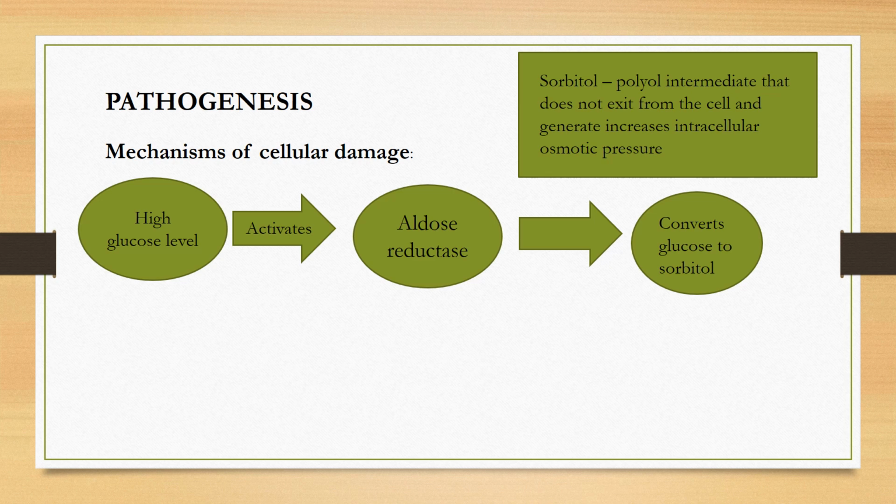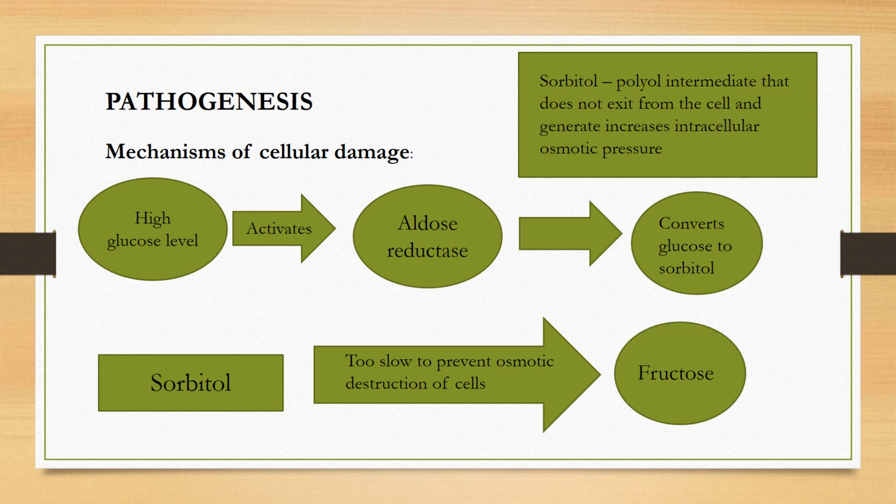Osmosis is water regulation between cells, so if osmotic pressure varies, the water exchange between the cells varies. Next, the sorbitol is converted into fructose. The change in vessels begins when aldose reductase is activated. This is where we start to have polymorphism of the cell, and this is the starting phase of diabetic retinopathy.